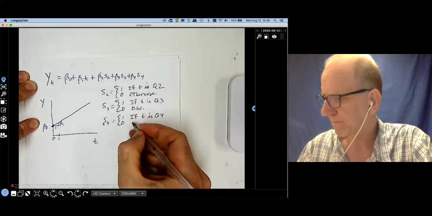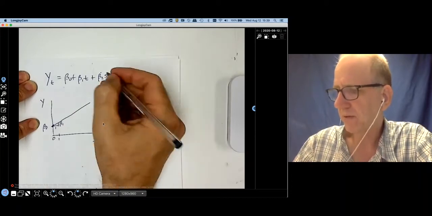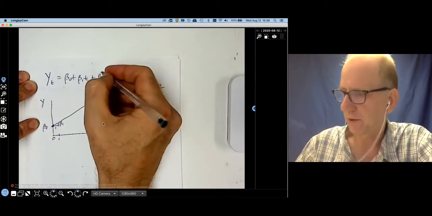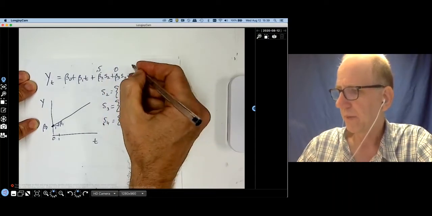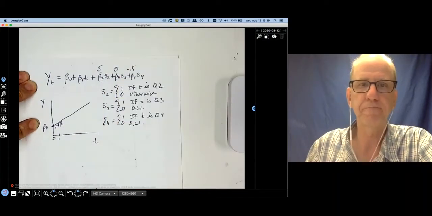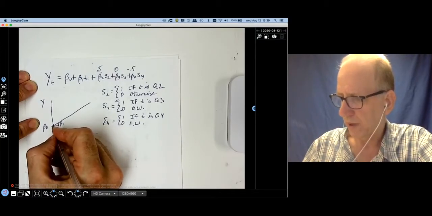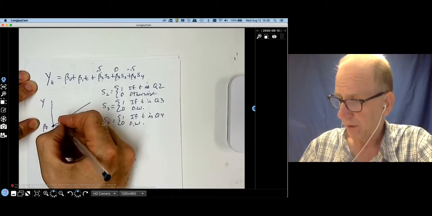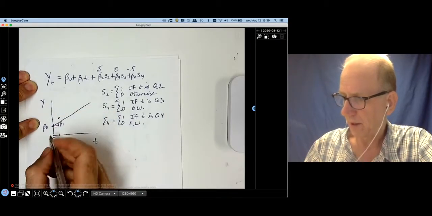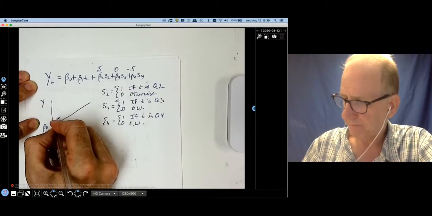If t is in Q4, then S4 is equal to 1, and we would then add beta 4. Let's give some concrete values here. Let's say beta 2 is a half, beta 3 is 0, and beta 4 is minus a half. Then periods 1 and 3 are going to be on the line, whereas period 2 is a half a unit above the line.